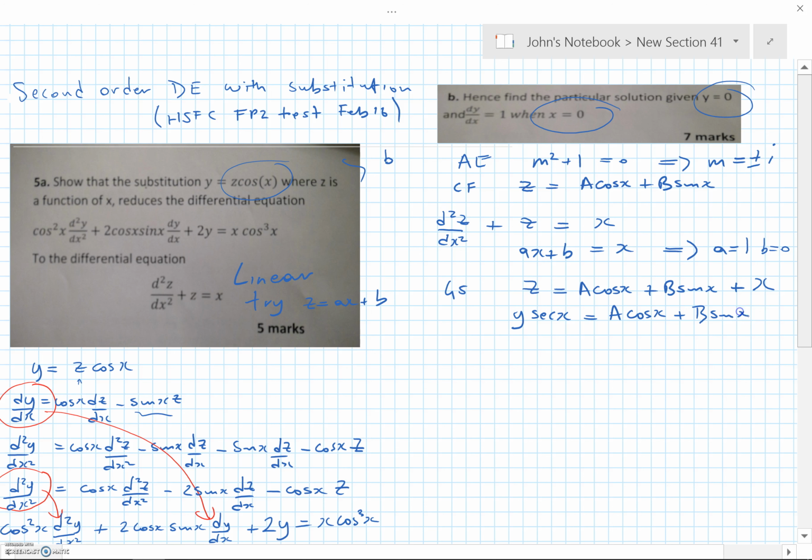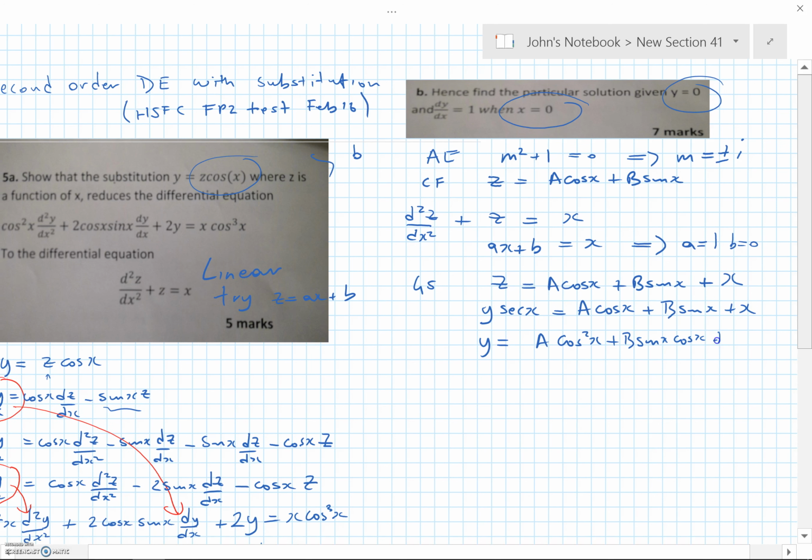So we're back with the variable we started with now. So y sec x is equal to a cos x plus b sin x plus x. Let's multiply that out. y equals a cos squared x plus b sin x cos x plus x cos x.